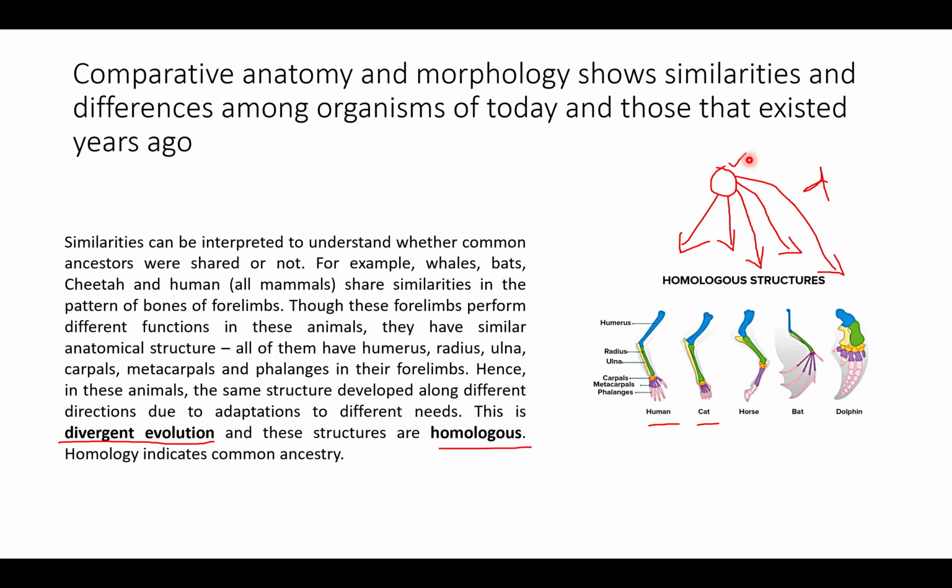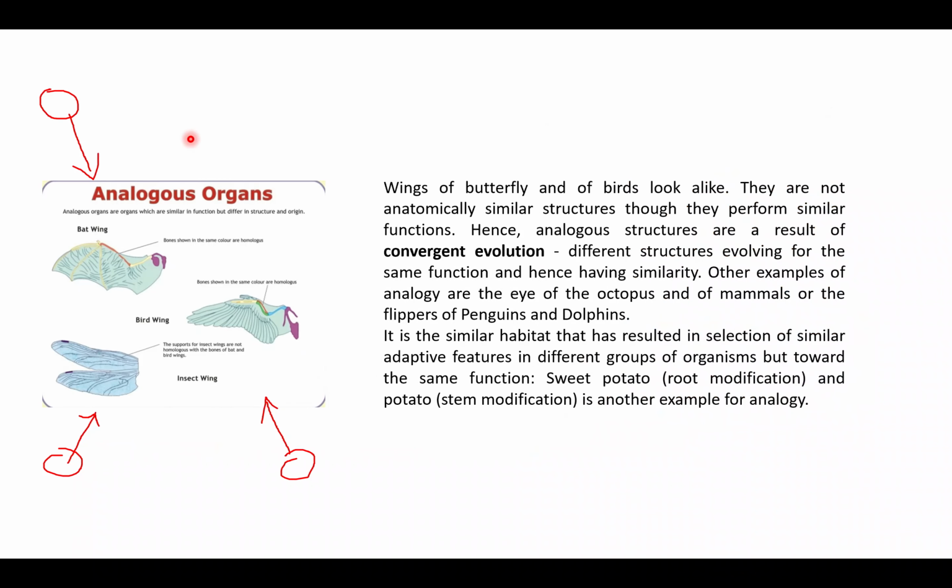But since they originated from the same ancestor, they have the same kind of internal anatomy. That is why homologous. In the case of convergent evolution, they are coming from different ancestors, so they have different types of organs. That is why they are called analogous organs, and the name is convergent evolution, converging to do the same function.